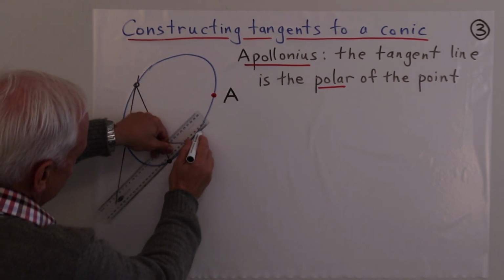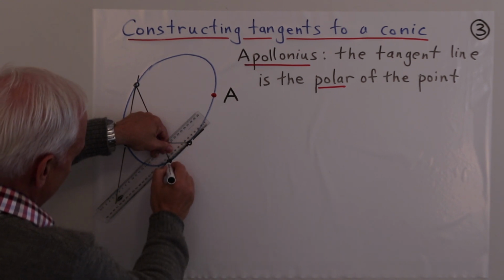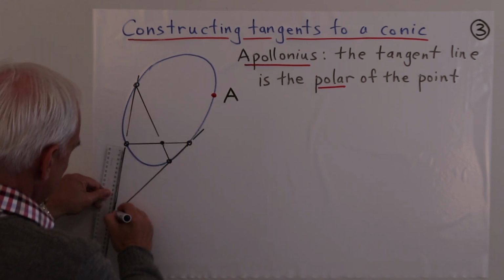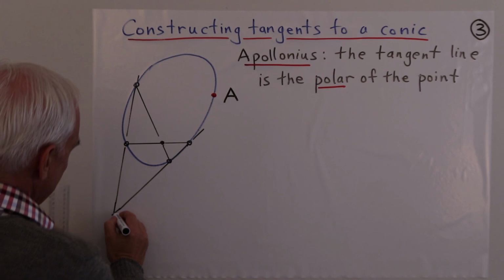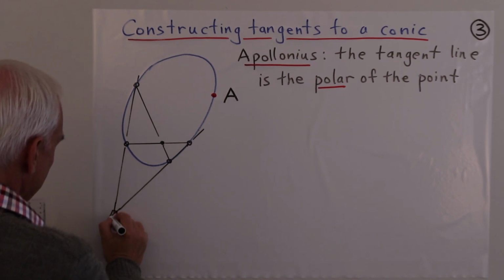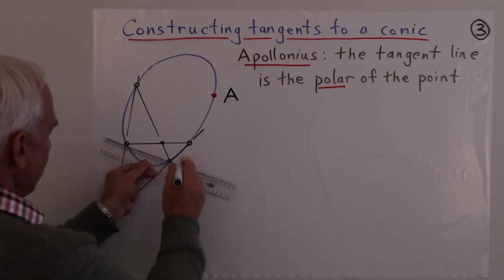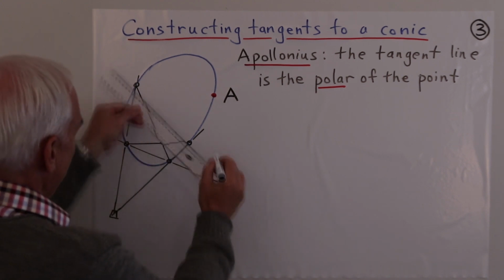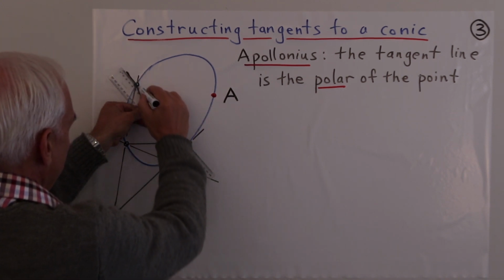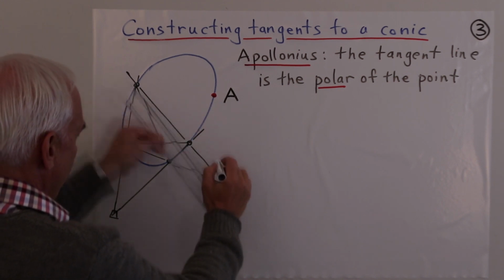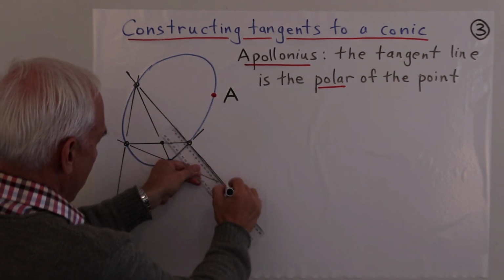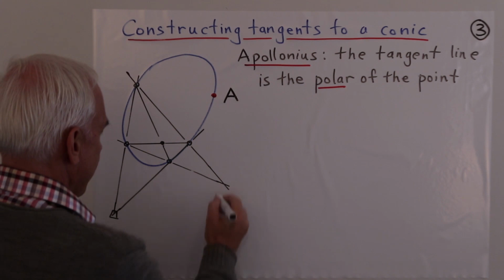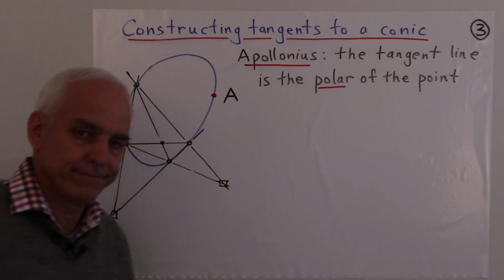That one and that one. They're kind of opposite lines, and they will meet at another diagonal point. Maybe I'll put it in a square. And then there's another set of opposite lines, that one there and this one there. Okay, and they will meet at that point there.